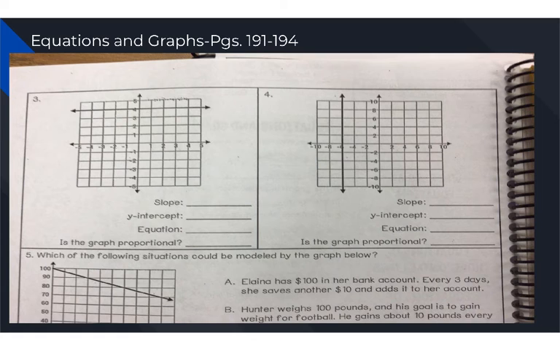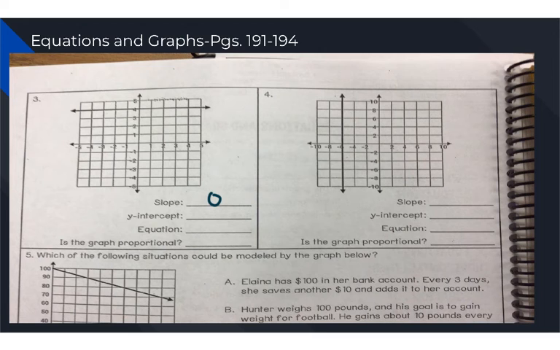Okay, if you'll turn to page 192, we're going to look at that graph. If you remember, a few weeks ago, we talked about the different kinds of slopes. And we know that this is a horizontal line, and because it has no slope, we just refer to that as having a 0 slope.